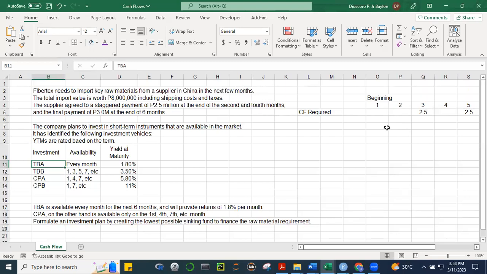Is it possible for us to invest in TBA at month 1? Class? Yes, sir. Pwede naman, sir. Yes, of course, of course.